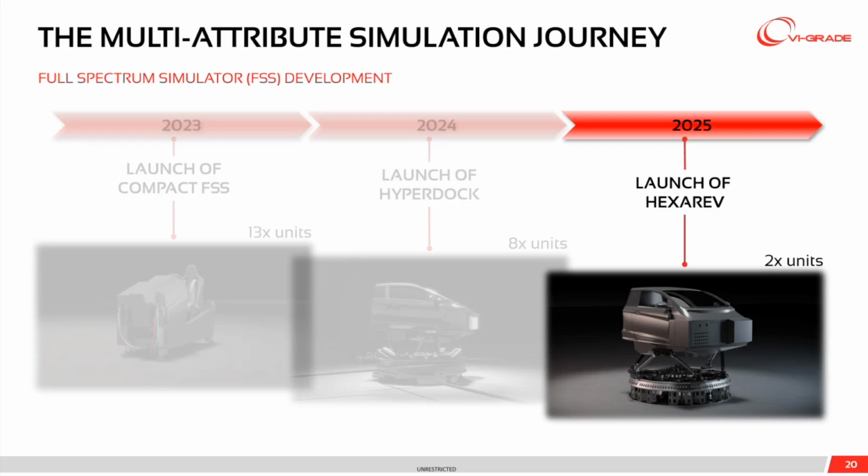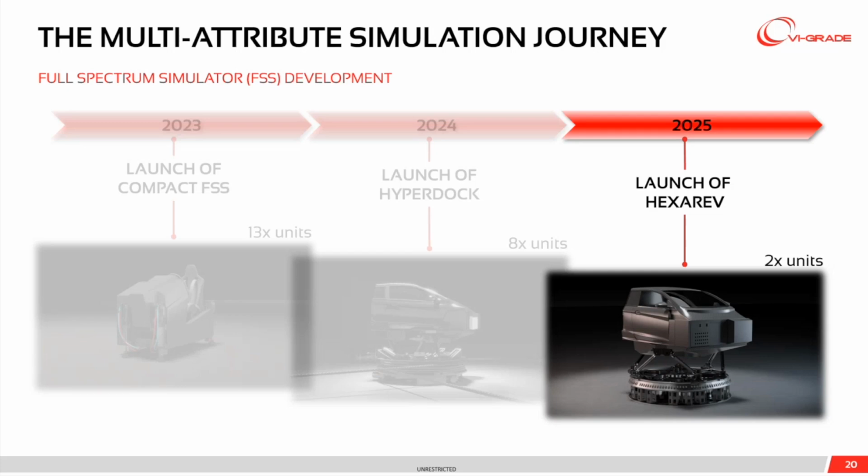Now, finally, we are at the main topic of this webinar, which is our beloved HexaRev. So the last step of our multi-attribute simulation journey was to have something in the middle. We had the Compact FSS with 3 degrees of freedom and the vibration at touch points. We had the DIM FSS with the HyperDock, with 9 degrees of freedom and a large motion envelope.